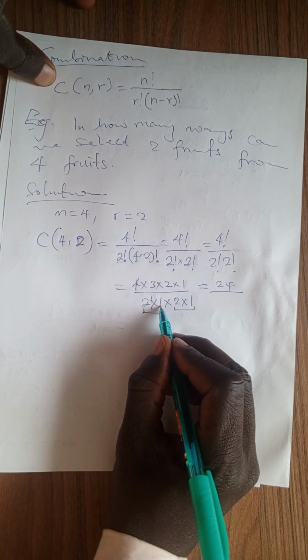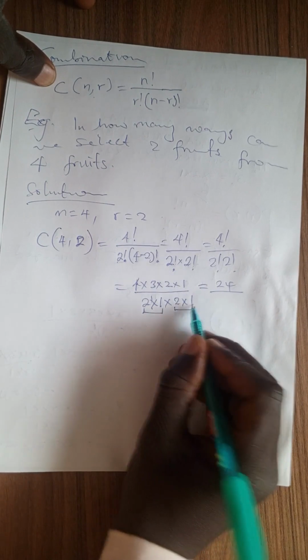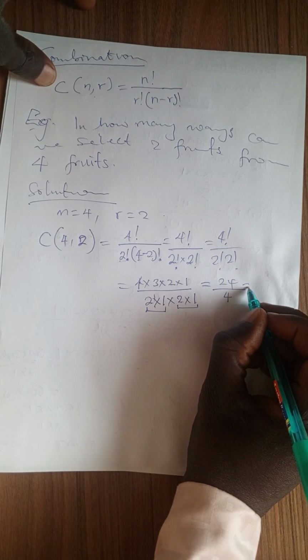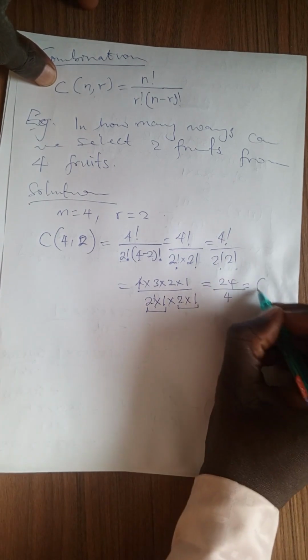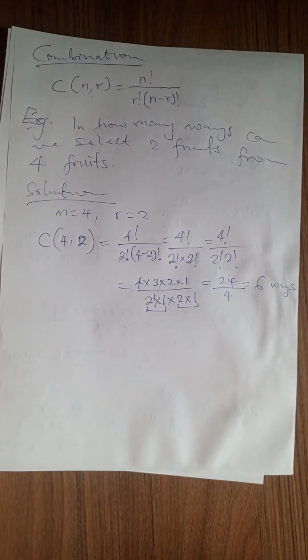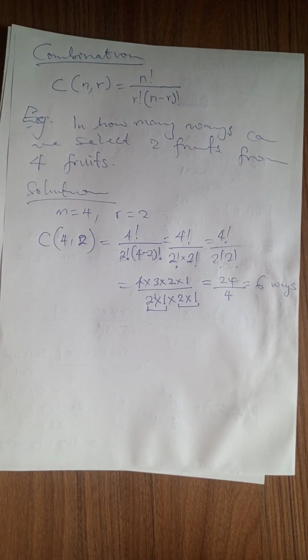Divided by 2 times 1, which is 2, times 2 is 4, times 1 is 4. So 24 divided by 4, the answer is 6. So we are choosing 2 fruits out of 4 fruits in 6 different ways.